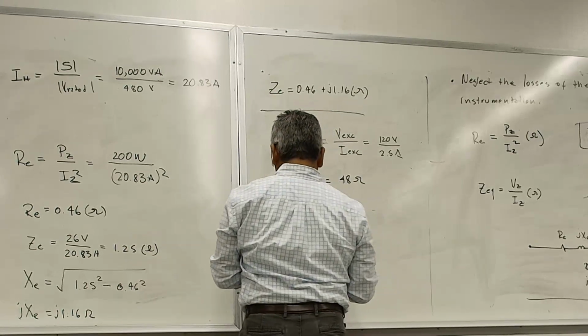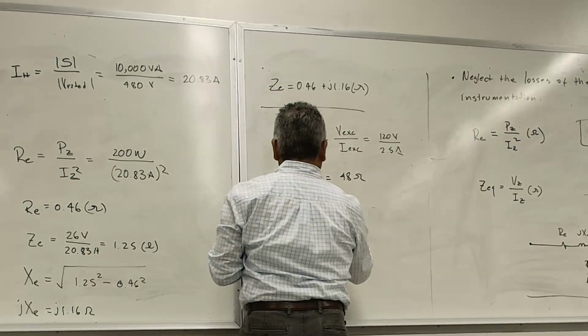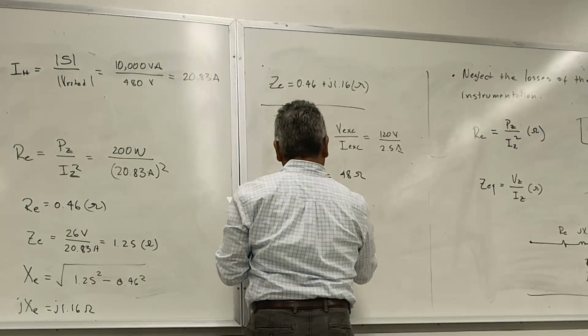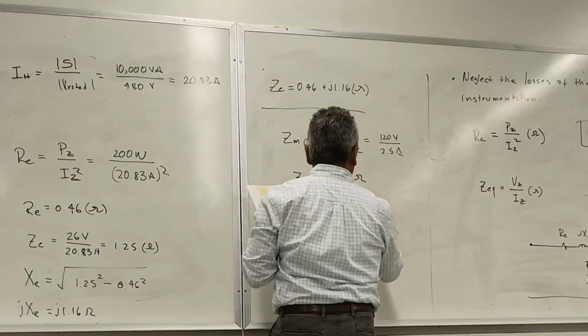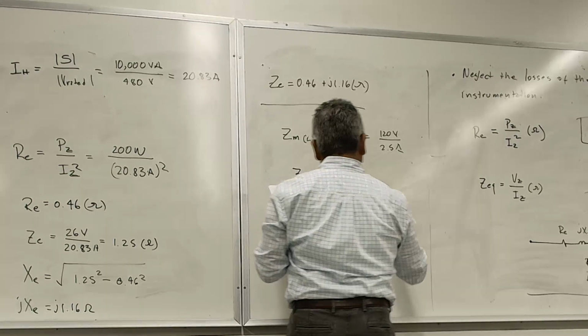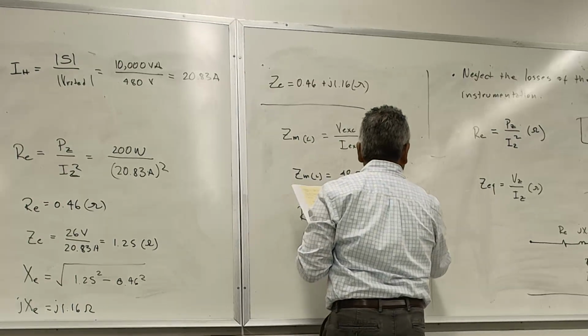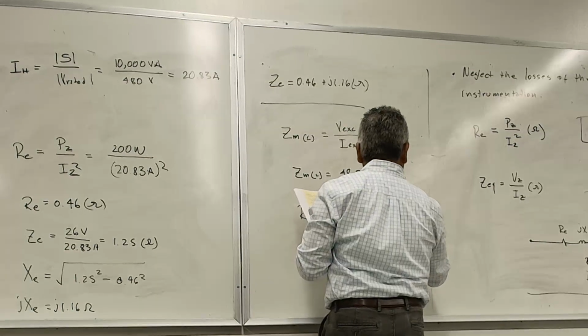And then my RM, or the resistance of magnetizing, is equal to PEXC divided by IEXC squared. That gives me 60 watts divided by 2.5 amps squared.